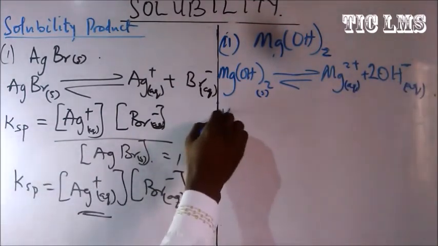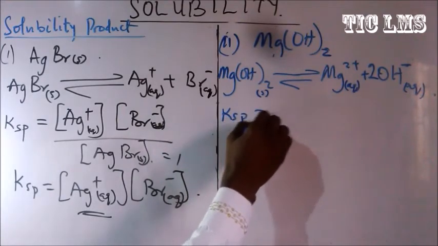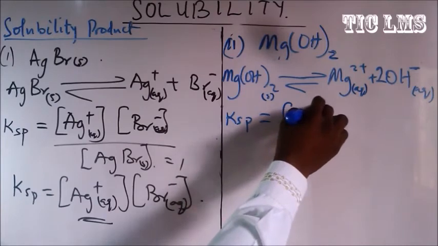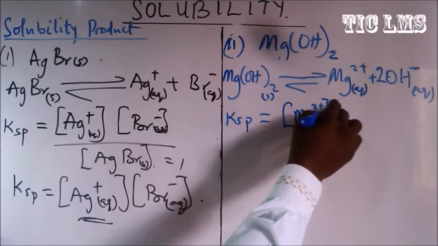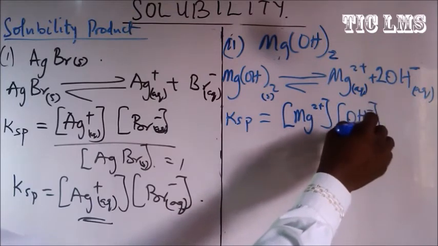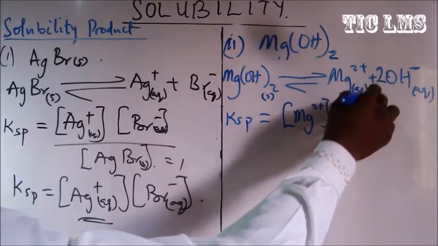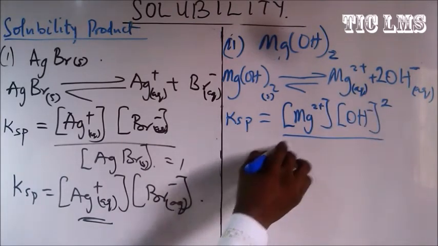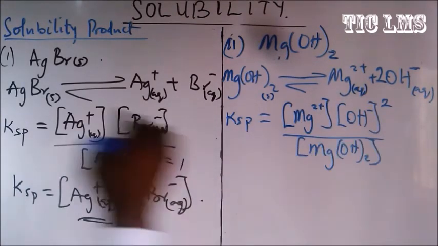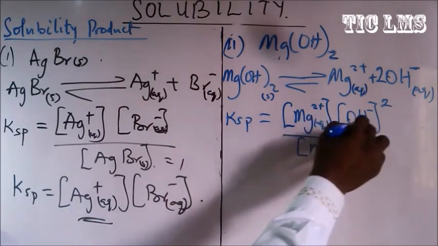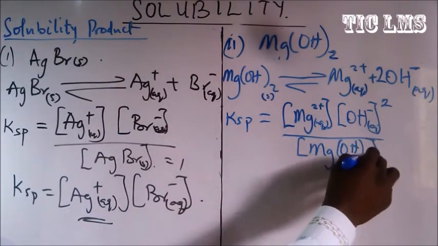Now we have that the solubility product constant is equal to the concentration of magnesium multiplied by the concentration of hydroxyl ion. Now take note that we have 2 over here as the 2 moles, so we have it raised to power 2, over the concentration of magnesium hydroxide. Now these are aqueous because they are in water, and here we have a solid.